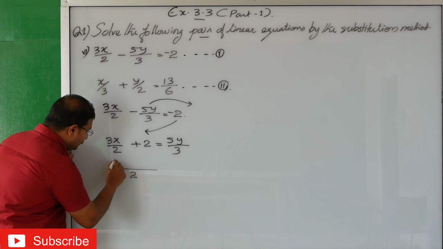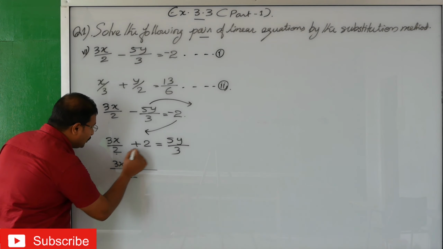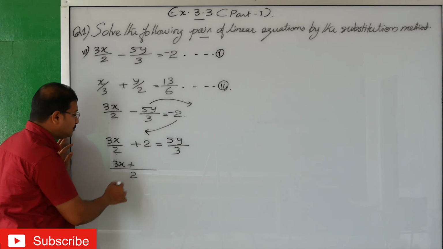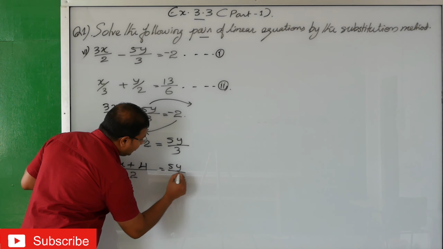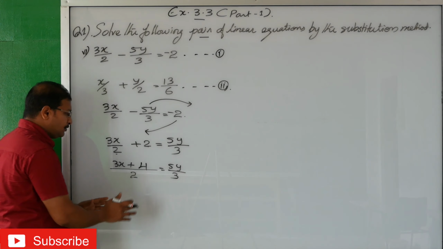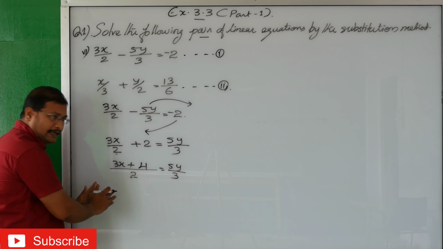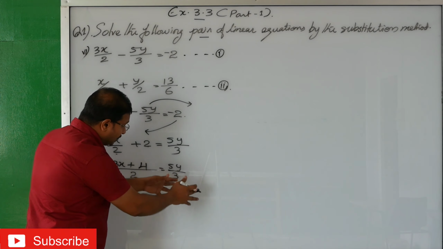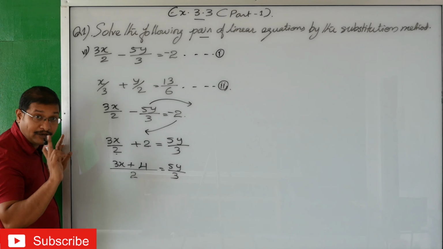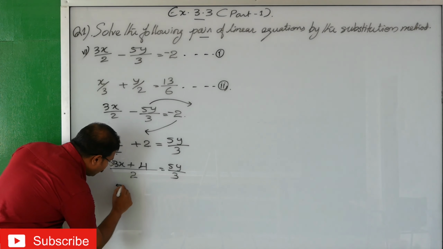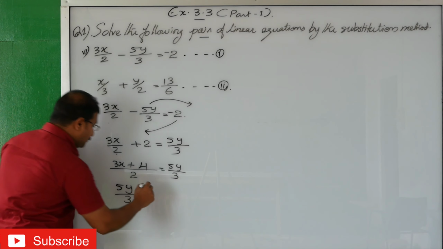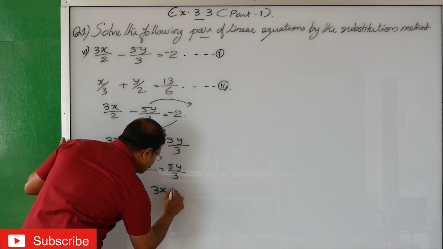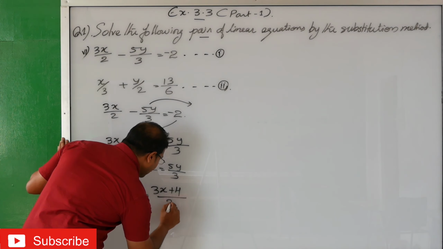That means we will get here 3x plus 2 into 2. We will multiply this 2, isn't it? So 2 2s are 4 equals 5y by 3. Now the entire right term will carry to the left side and the left terms we will carry to the right. Then the sign will not change. That means 5y by 3 equals 3x plus 4 divided by 2.